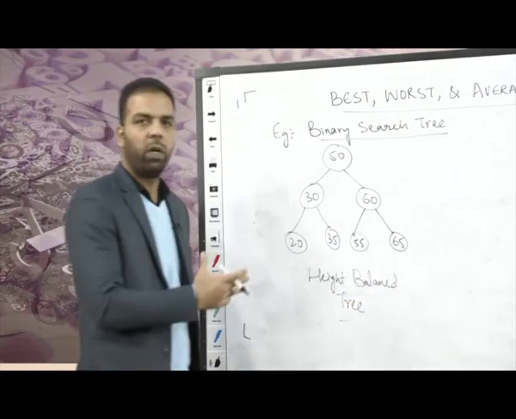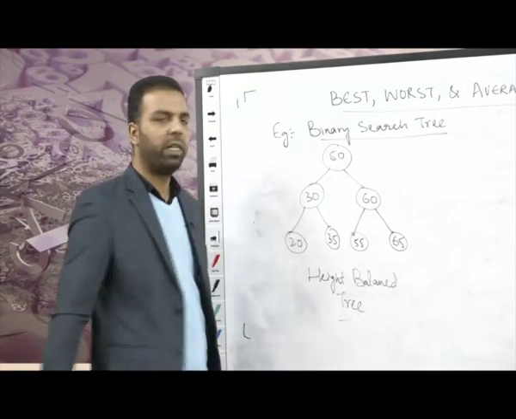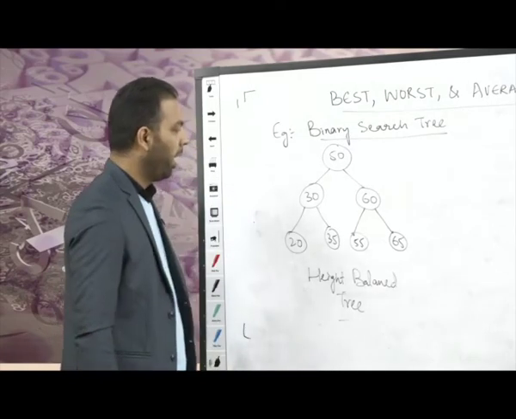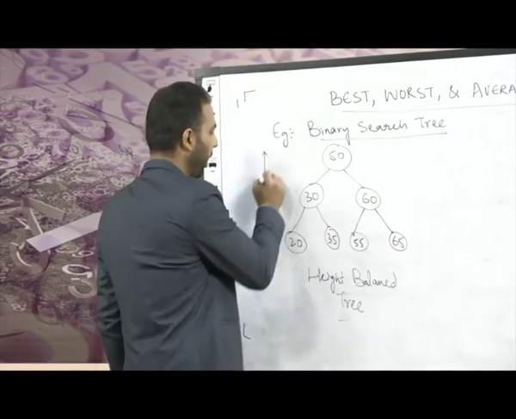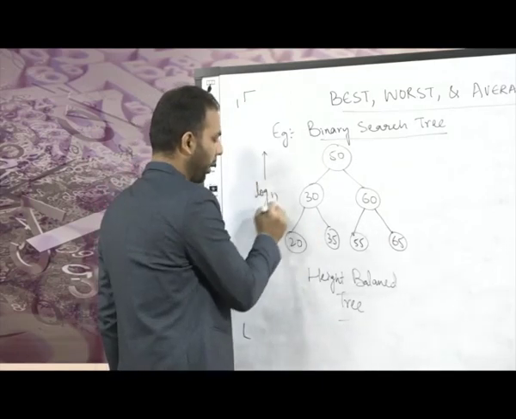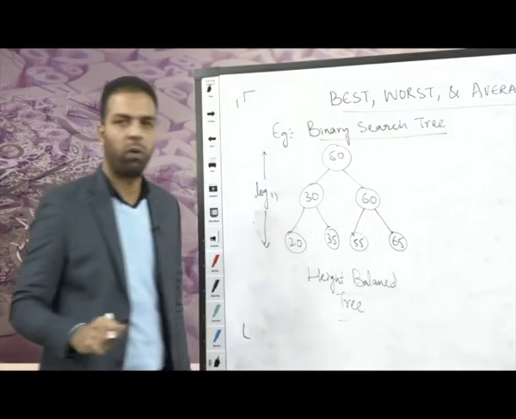So I have drawn a height balanced tree over here. So we know for height balanced tree, the height is given by your log n. So this height is of log n.